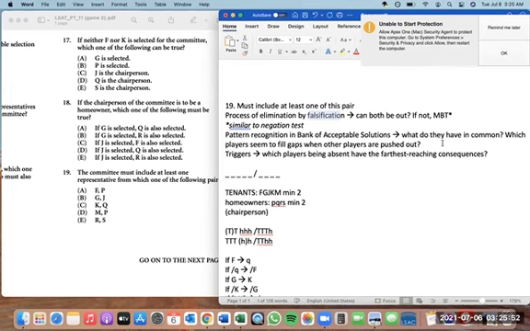So I think the takeaways would be, how would the process of elimination work, right? How can you have that at your fingertips so that you can immediately go into that process and do it relatively quickly? How can you use your bank of acceptable solutions? And then also, what are some of the patterns that we would see with triggers and consequences, and the types of players that we see in this game, right?